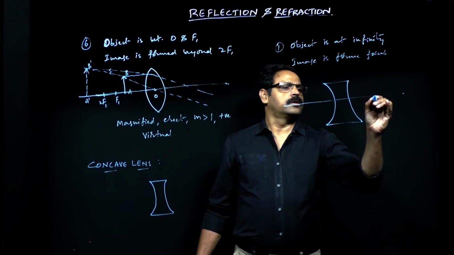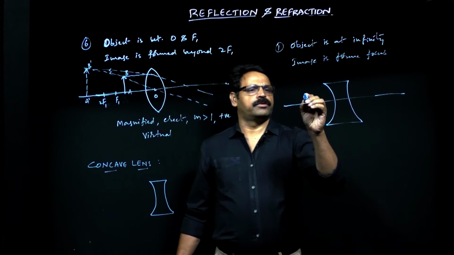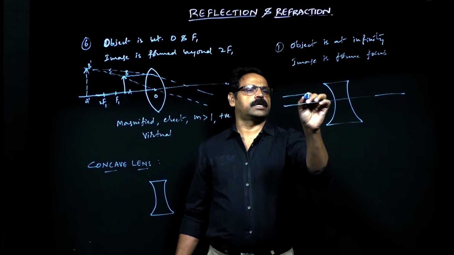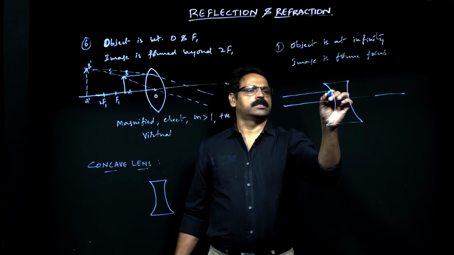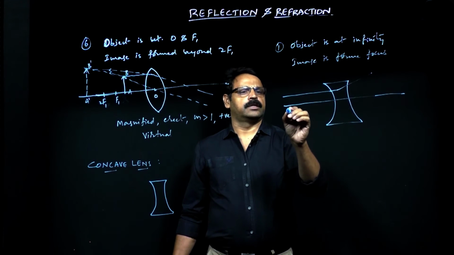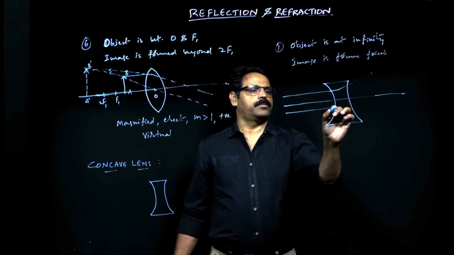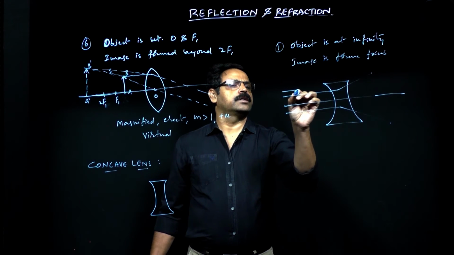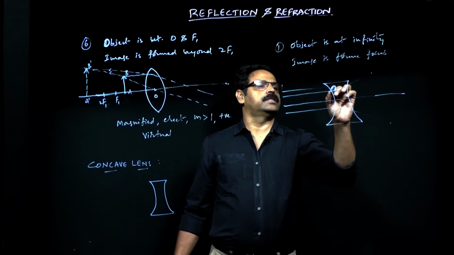So here, when you think of an object at infinity, that means obviously you are getting a parallel beam of light. So it will be deviated in this manner. So this is the parallel beam, it is deviated in this manner. Similarly, when I think of this, it is deviated in this manner.